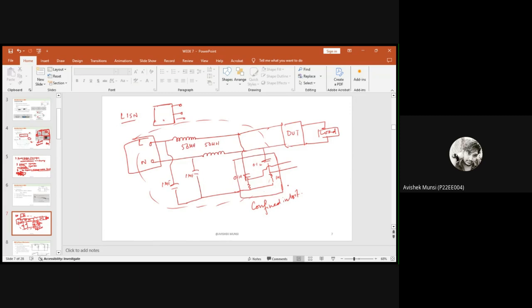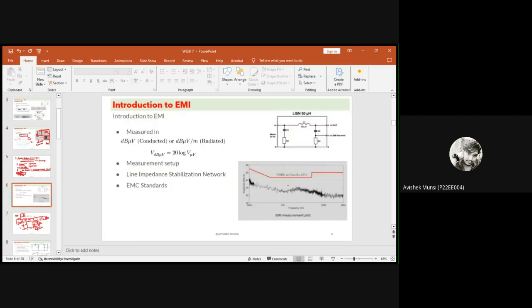Fine. So now one question may arise: we can measure the EMI. So we can get the EMI by using the spectrum analyzer by maintaining these procedures. But how could you say that that EMI noise is proper?